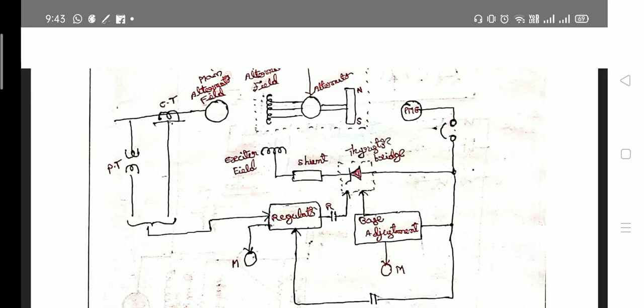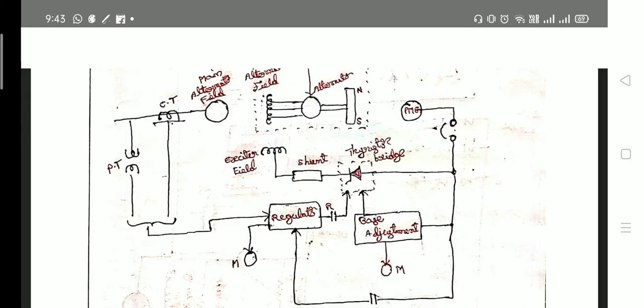The regulator regulates the voltage and gives it again to the power supply, a thyristor bridge. Then we control again with the same process. This is the brushless excitation system.